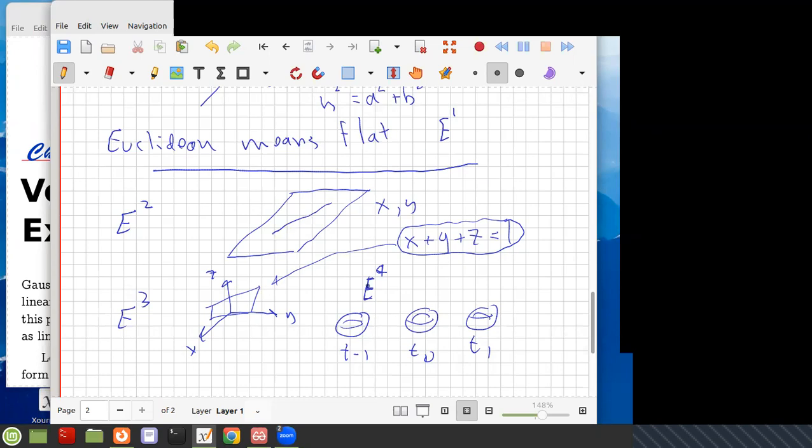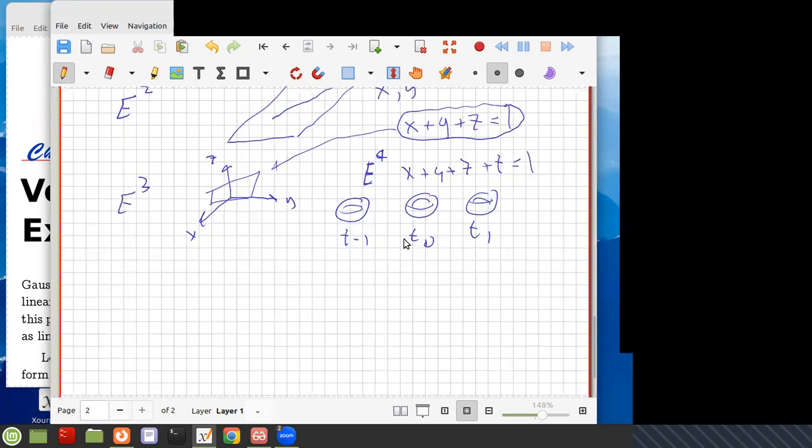And the same thing would happen with E4. If I took a linear equation, x plus y plus z plus t equals 1, this would fill out a flat 3-space, one of these inside here. You can think of all of space at time 1, all of space at time 0, all of space at time -1, or you could have a plane moving through time.